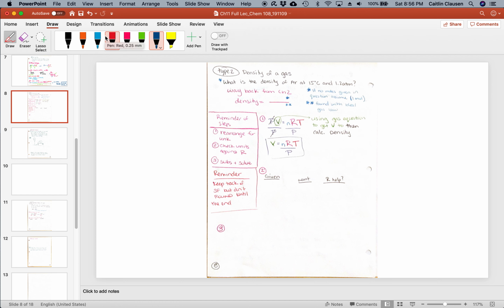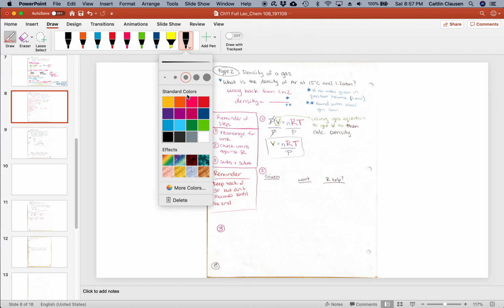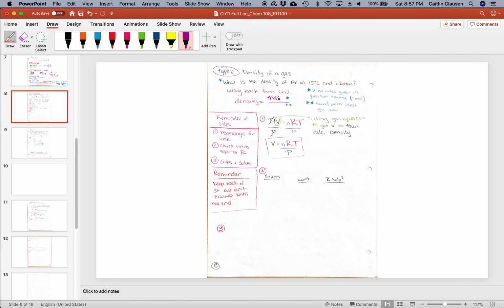But density is the mass divided by the volume of something.